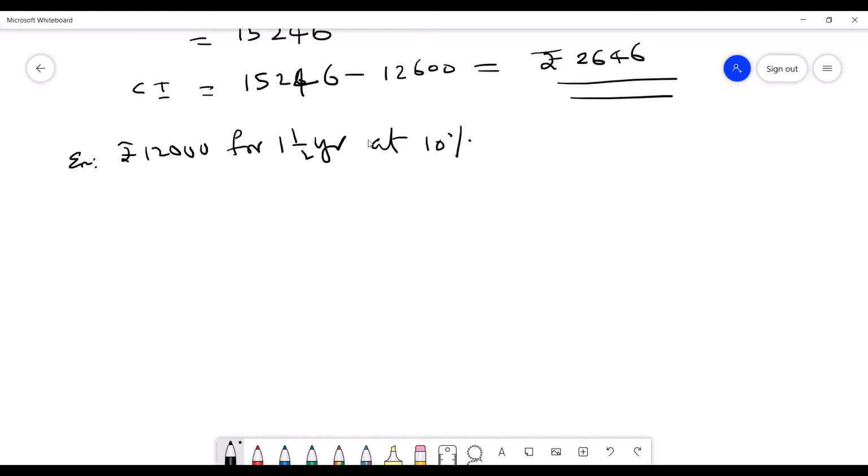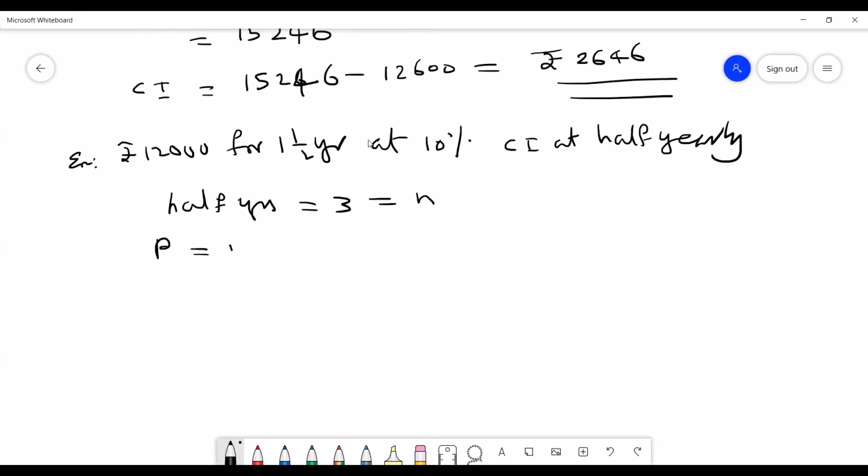Now we are considering that compound interest is half yearly. Then how many half years are there? There are 3 half years here. It means n is 3. And P here is 12,000 and R is 10%.